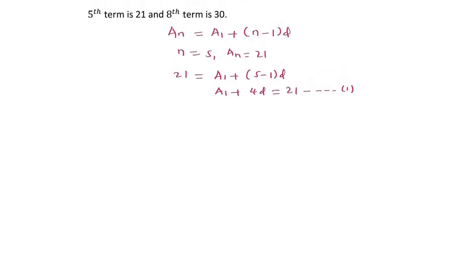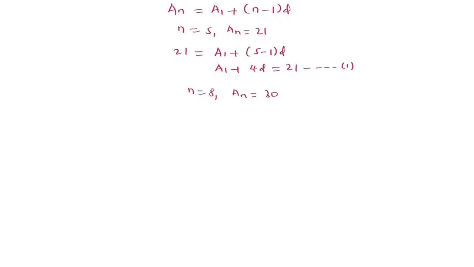Okay, so we also have the 8th term equals 30, then n equals 8 and an equals 30. Let us now substitute these values into our equation. We are going to have 30 equals a1 plus, in brackets, 8 minus 1 times d.